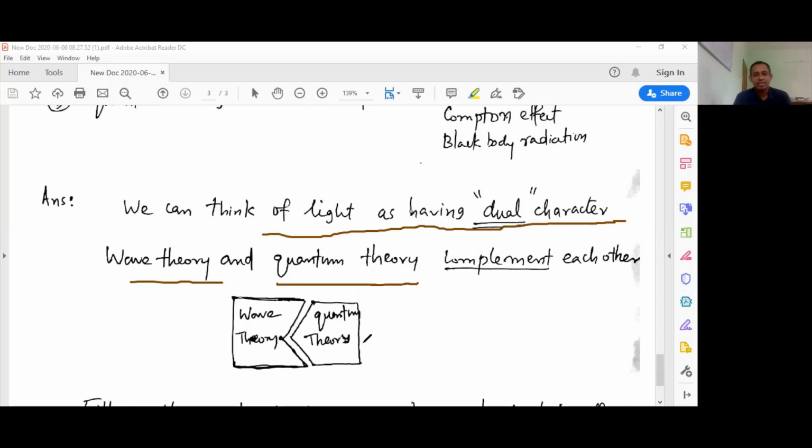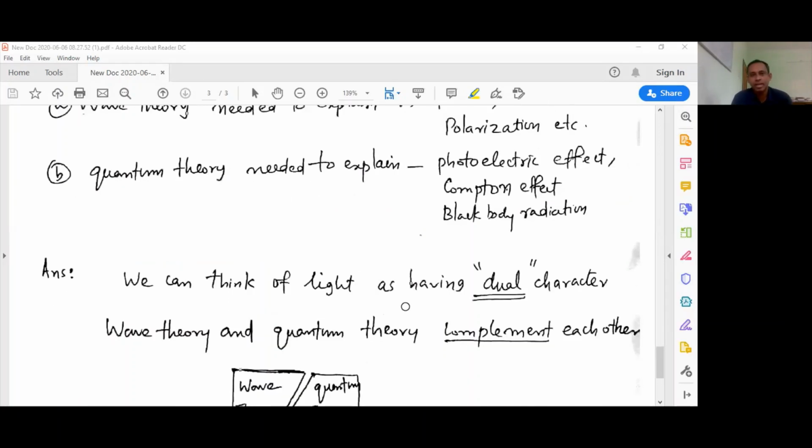When we need to explain the interference effect, then wave theory comes in. So both theories are required and they complement each other. So we can say that light has got dual character.